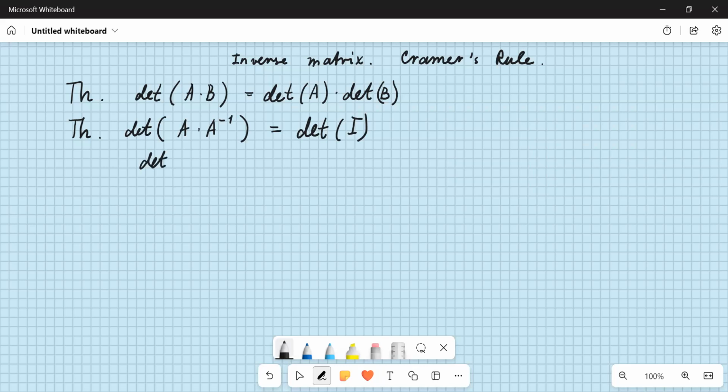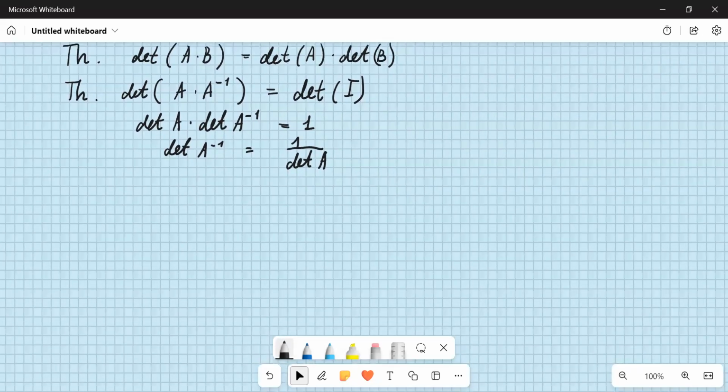Using the product theorem, it's going to be the determinant of A by the determinant of A inverse. And on this side, the determinant of the identity matrix is equal to 1 because all its diagonal elements are equal to 1, from where we can say that the determinant of the inverse matrix equals 1 over the determinant of matrix A, right? Basically, this is one of the theorems I was asking you to prove, please.